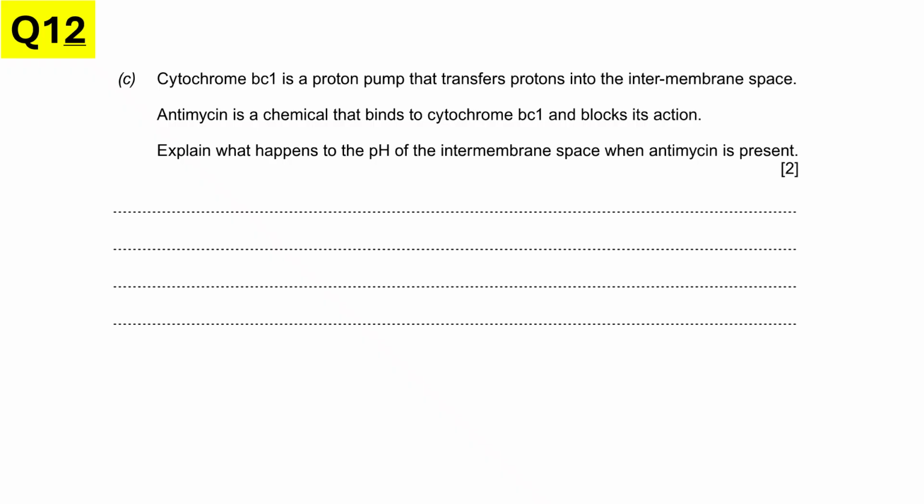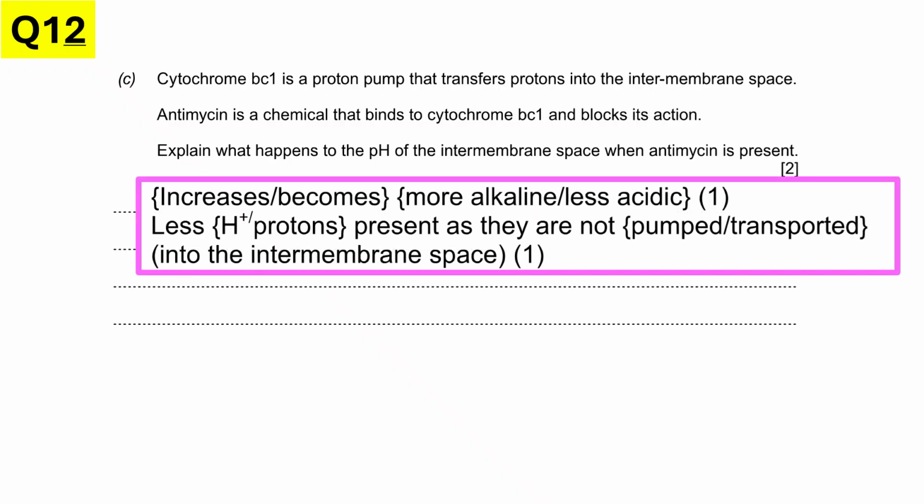So it's going to stop it from transferring electrons down the ETC. If there's a backlog of electrons, there's no loss of energy to activate the proton pump to pump in protons into the intermembrane space. So it's asking us to explain what would happen to the pH of the intermembrane space when the antimycin is present.